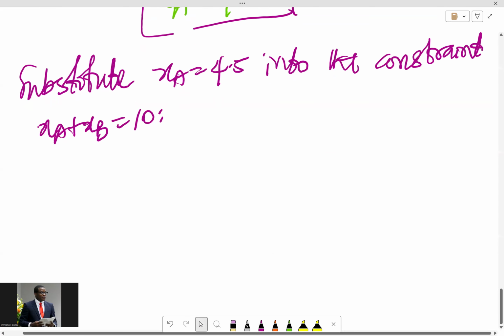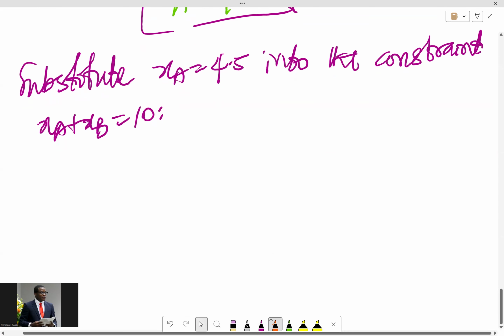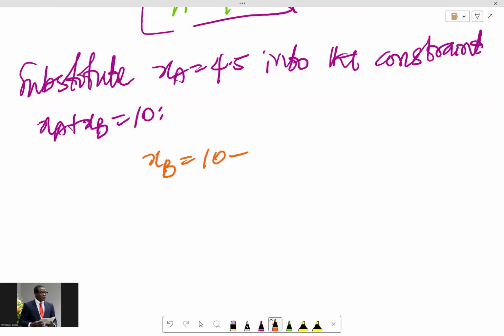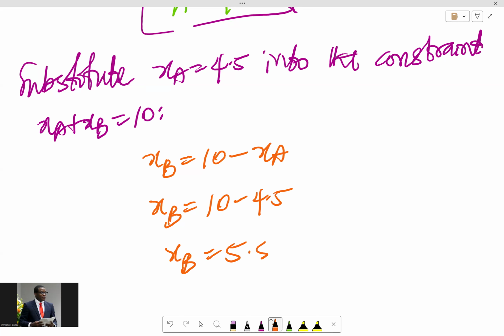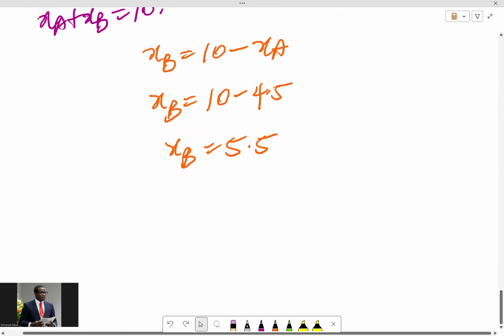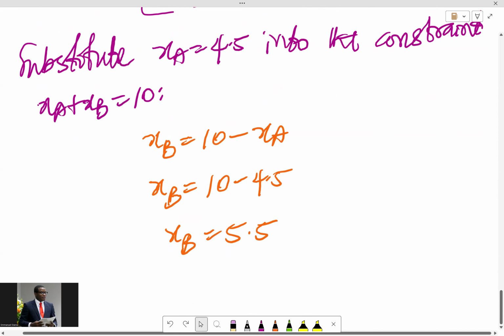In that case, XB equals 10 minus XA. That means XB is equal to 10 minus 4.5, so XB is equal to 5.5. With this, we have got the results we need.